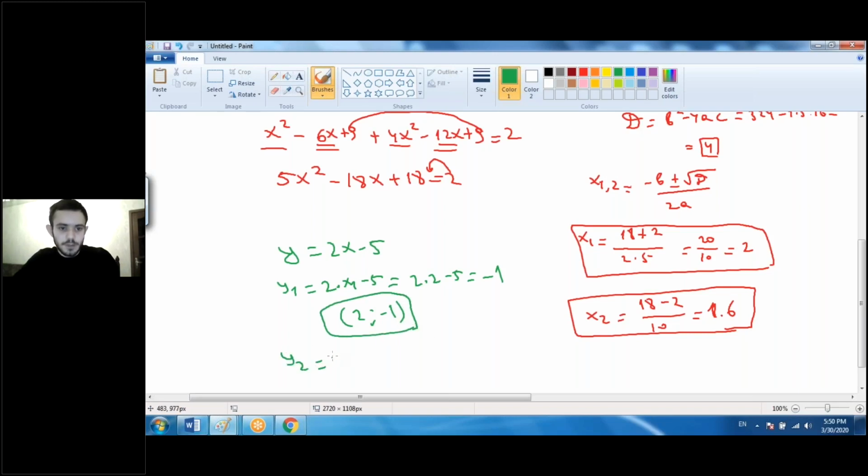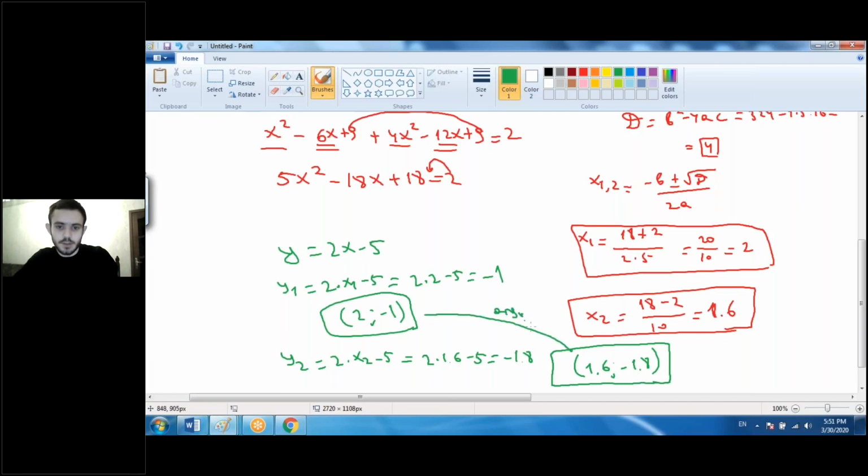And y2 will be equal to 2 times x2 minus 5, which is 2 times 1.6 minus 5, which is minus 1.8. So the second point will be (1.6, minus 1.8). So these 2 points are your answers.